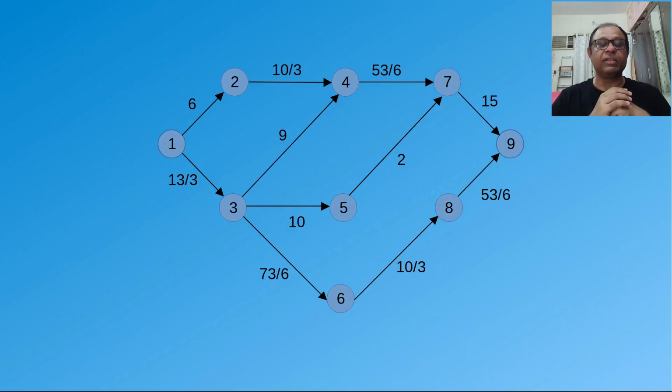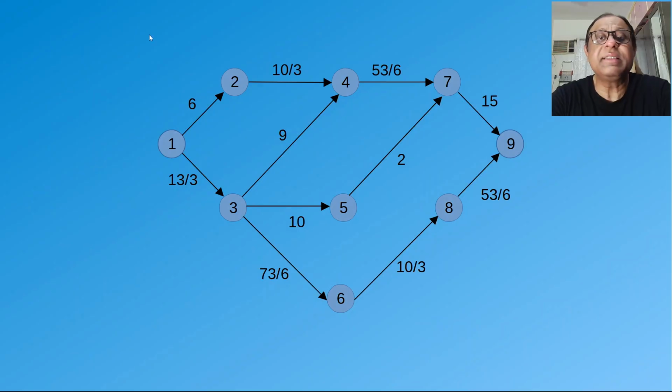Now we draw the network diagram. In this network diagram, you have circles which have numbers and you have arrows which have numbers also written near them. The arrows are the activities. So activity 1, 2 is represented by this arrow, and the time for this activity is 6.